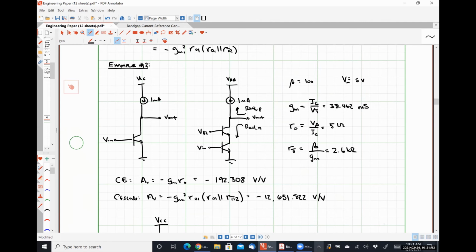So the PNP is always going to be connected to the power supply. Its emitter is always going to be connected to the power supply, whereas the emitter of the NPN will be connected to ground. So we would have some weird floating, we wouldn't really be loading it, we would be placing it in parallel with it, if that makes sense.